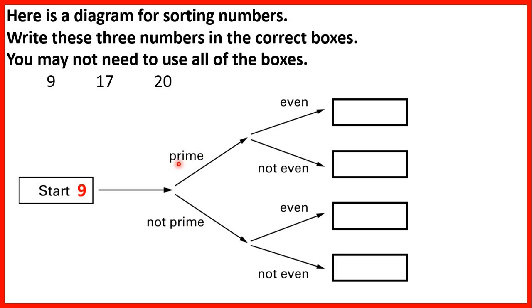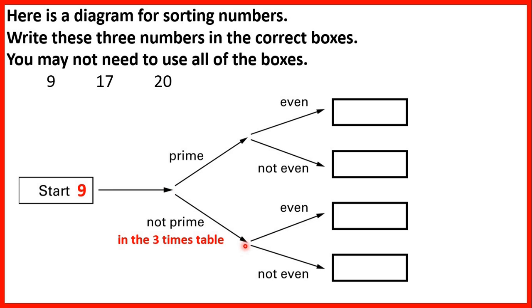So we need to remember that a prime number only has 2 factors. A prime number is only in the 1 times table and its own times table. But 9 is not a prime number because it's in the 3 times table as well. The factors of 9 are not just 1 and 9, but 3 as well.